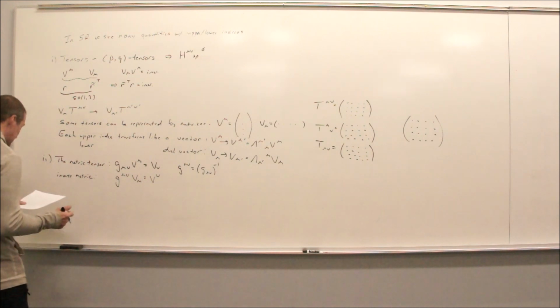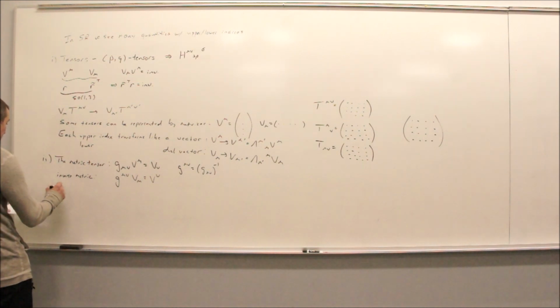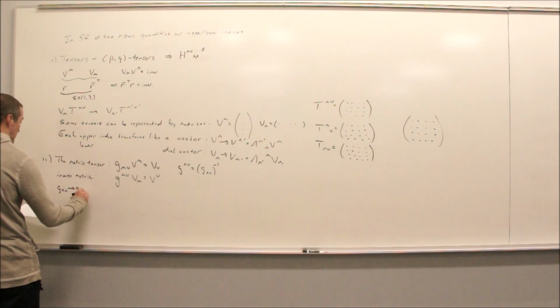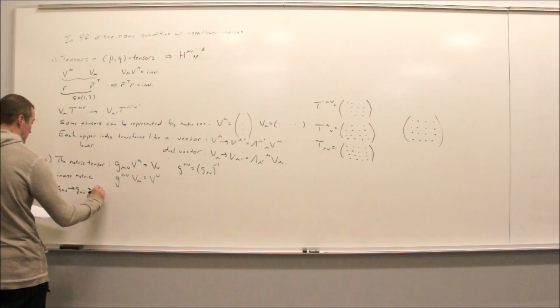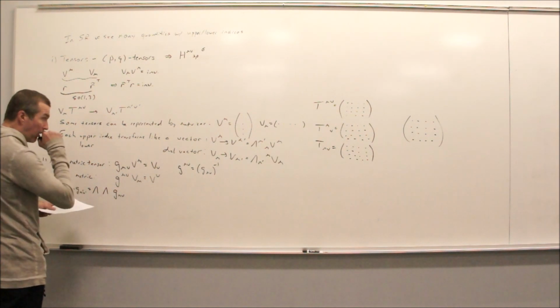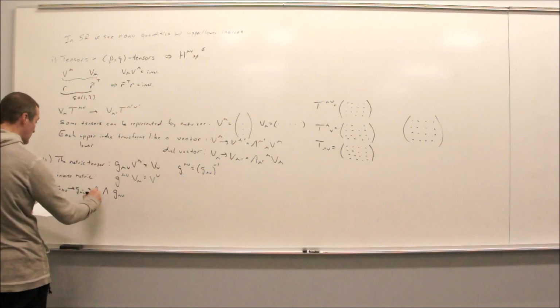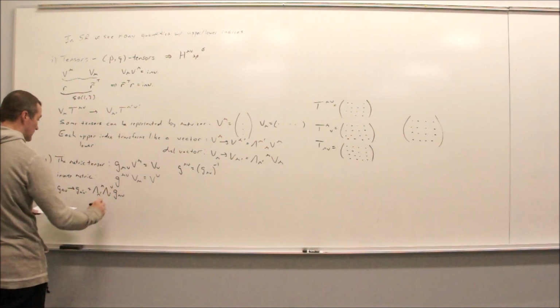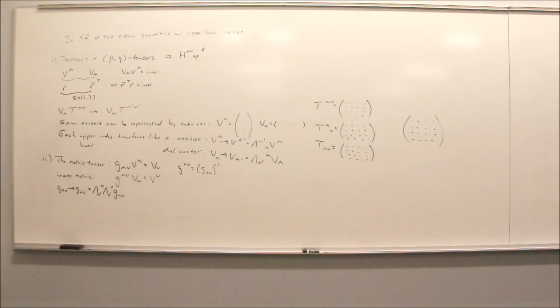The metric is a true tensor, so it transforms as a true tensor should. So we've got mu prime mu and nu prime nu.